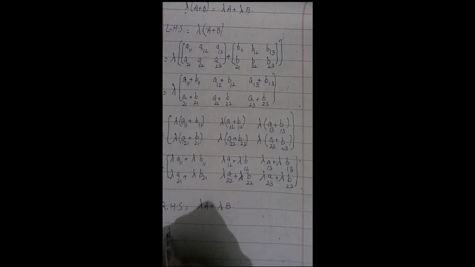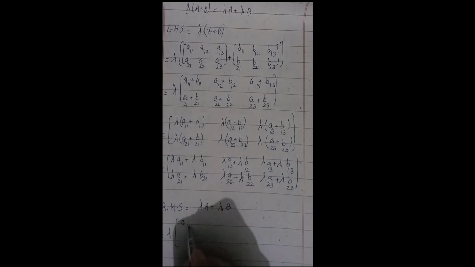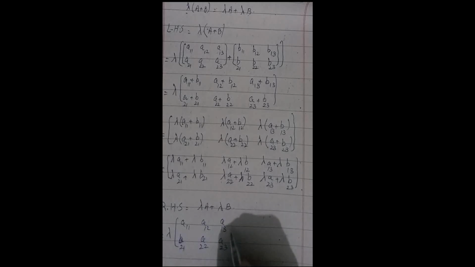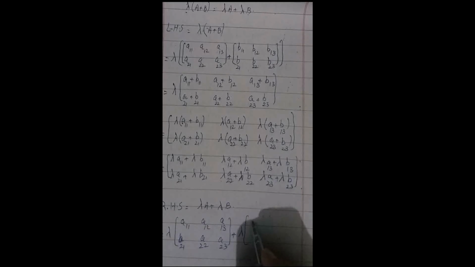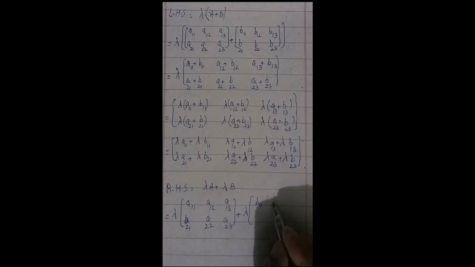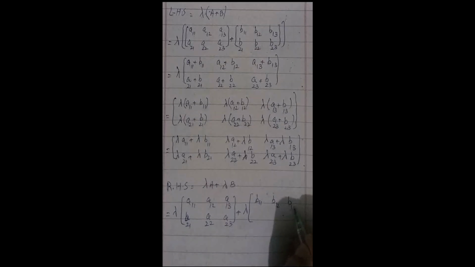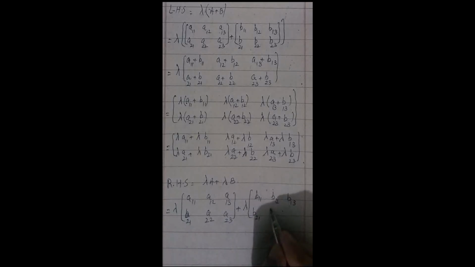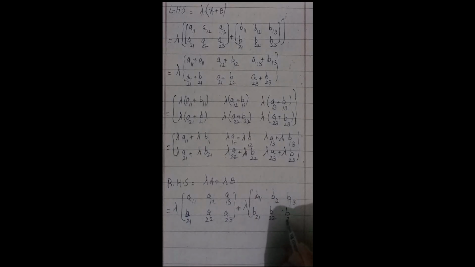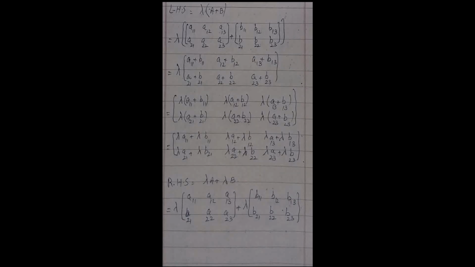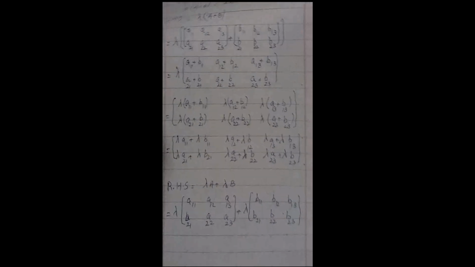We get lambda A11, A12, A13, A21, A22, A23 plus lambda and take the matrix B, B11, B12, B13, B21, B22, B23.